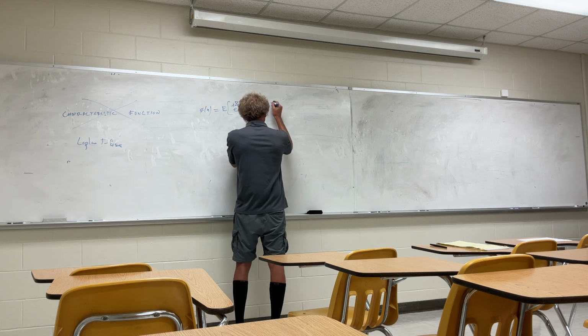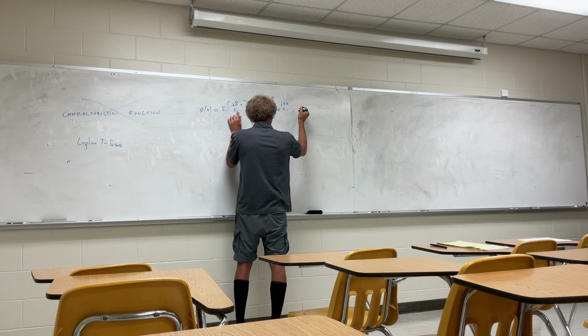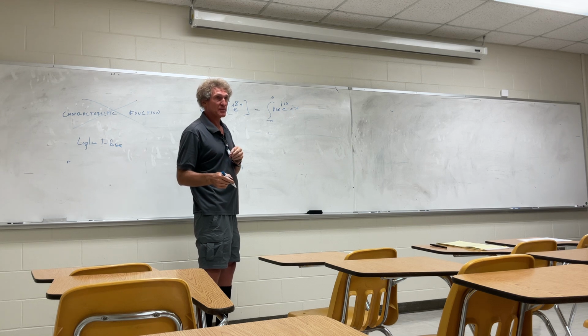It means we have an integral from minus infinity to infinity of the density function f of x times the function e to the j u x. Now it's small x, because we're going to do the integral of this thing, dx. How many see that is almost the Fourier transform definition?